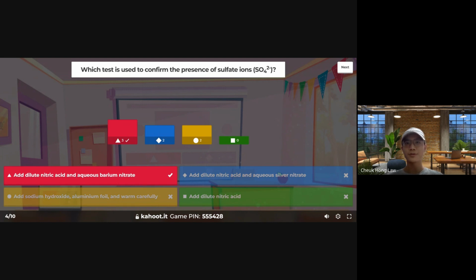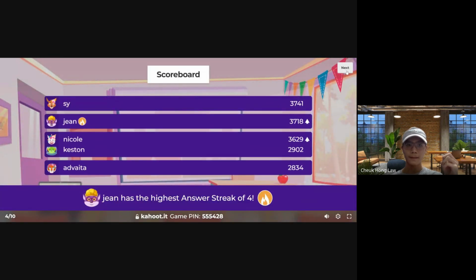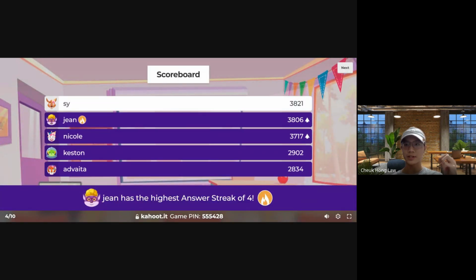Okay, so which test is used to confirm the presence of sulfate ions? For sulfate ions, we add dilute nitric acid, then we add aqueous barium nitrate to form barium sulfate. Okay, and that is a white precipitate. Okay, Jean is catching up.